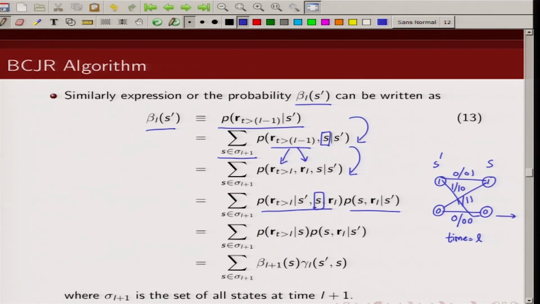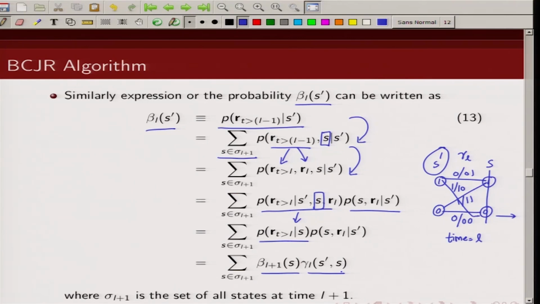So, if you know the next state S, you do not need information about the previous state, you do not need information about the current bit. So, I can simplify this expression in this particular fashion, and if we go back, this is nothing but our betas and this is our gamma.